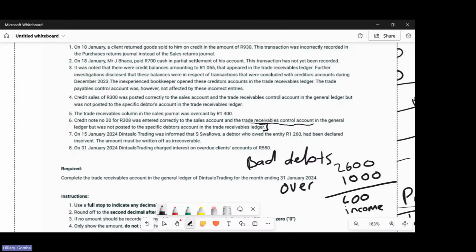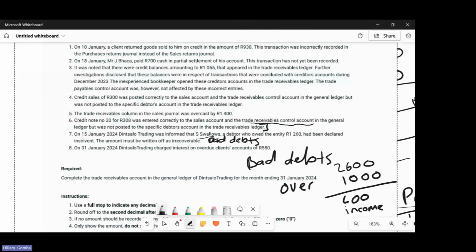Okay. All right. So on this one here, we had Mr. Swallows, who was owing us, but is declared insolvent. They can't pay us anymore, so we need to record this amount as a bad debt to cancel it off. Sometimes a person may be broke and then come back after a few months and say, I was declared insolvent, but I am now eligible to work and pay off your debts, so I'm paying this much.